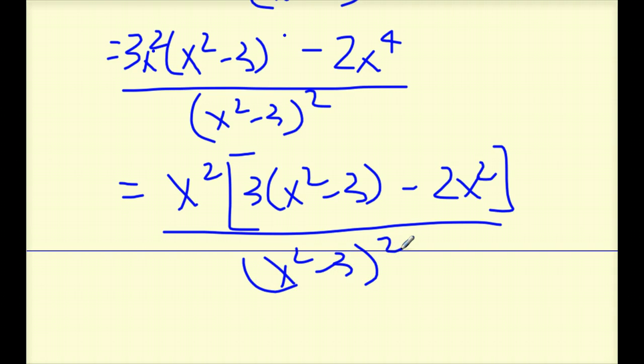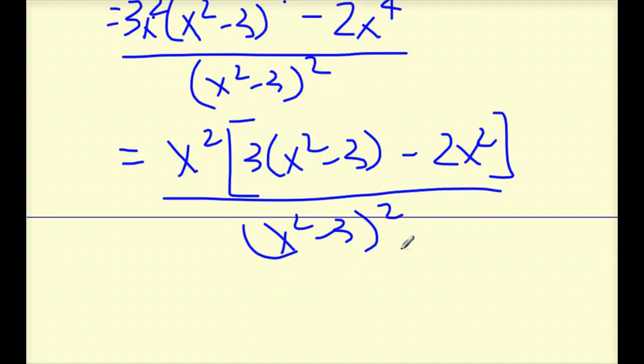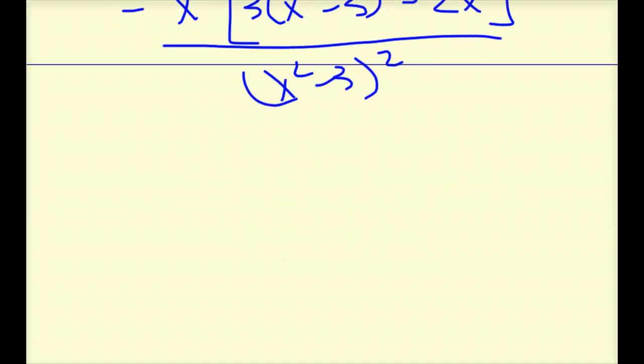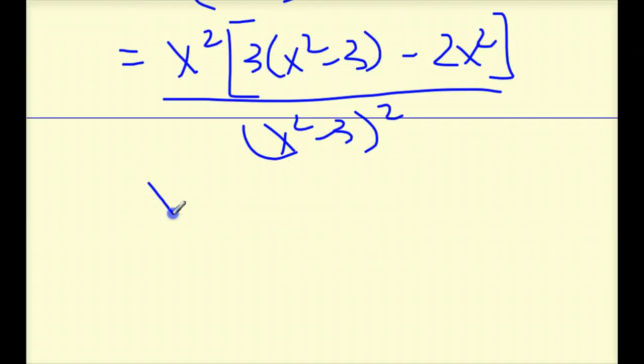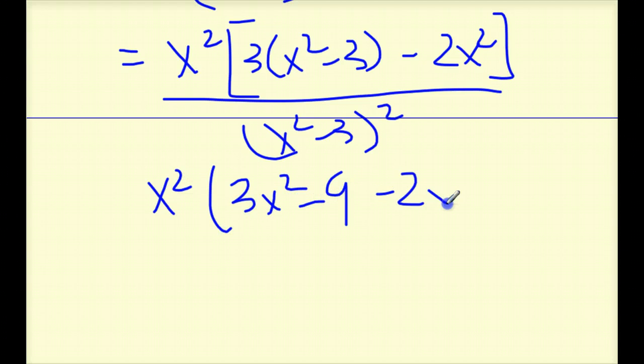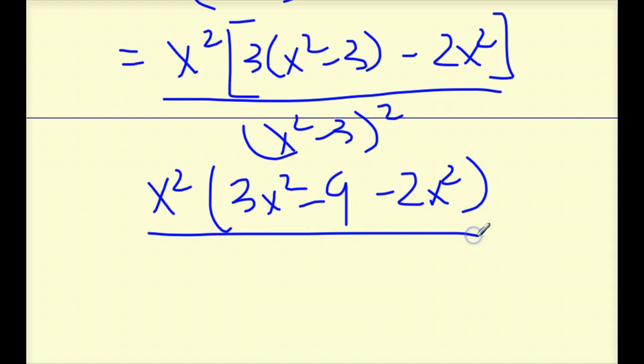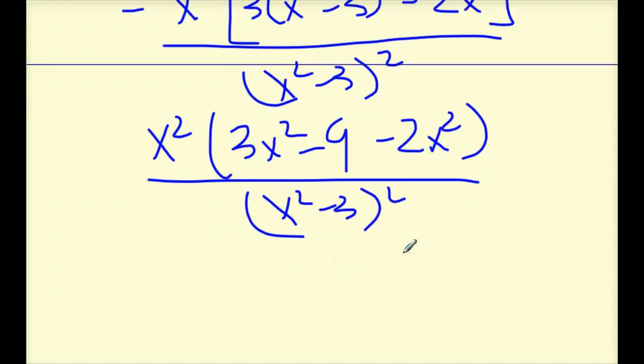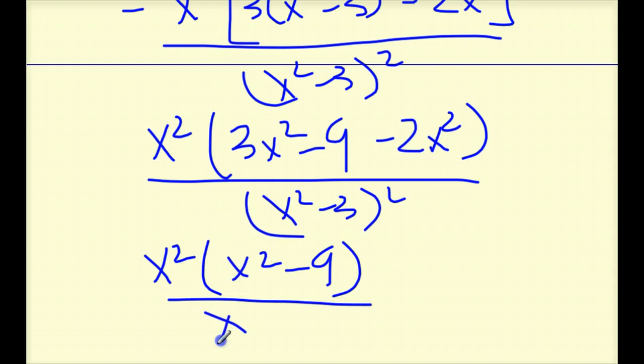If I simplify it a little bit more, what I get is x squared times 3x squared minus 9 minus 2x squared, all over x squared minus 3 squared. And if we continue, I get x squared times x squared minus 9, all over x squared minus 3 squared.